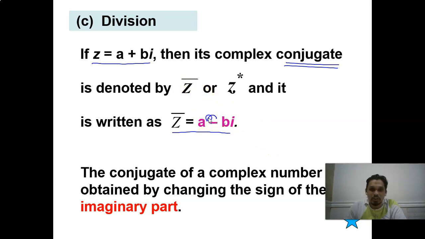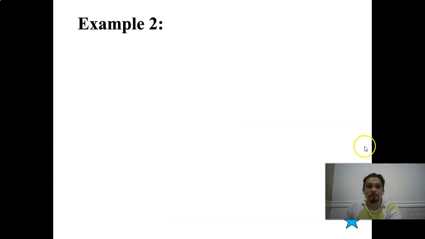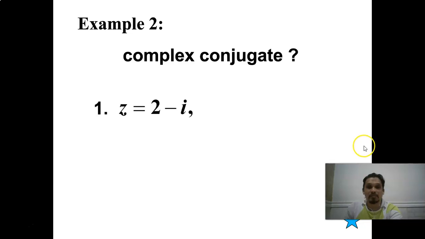You change the sign of the imaginary part from positive to negative, or the other way around, negative to positive. The conjugate of a complex number is obtained by changing the sign of the imaginary part, not the real part. Example 2, complex conjugate: z equal to 2 minus i, then the z conjugate here is 2 plus i.